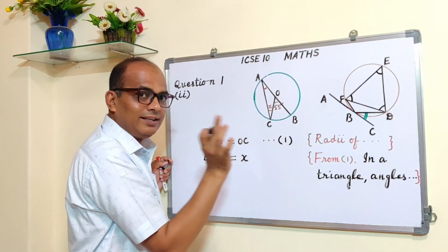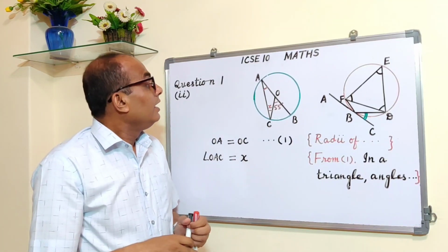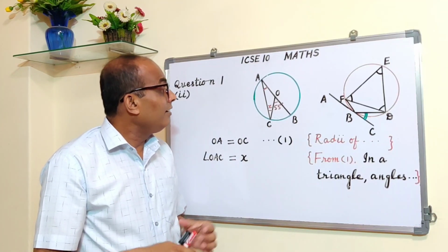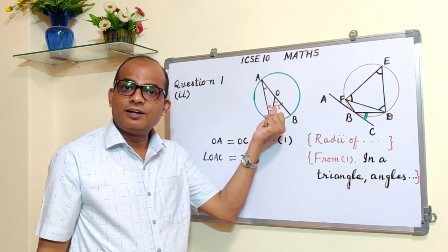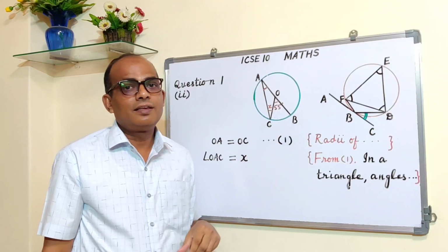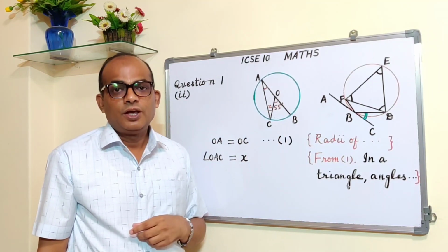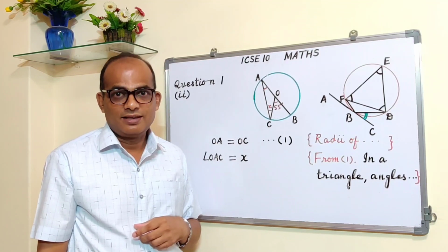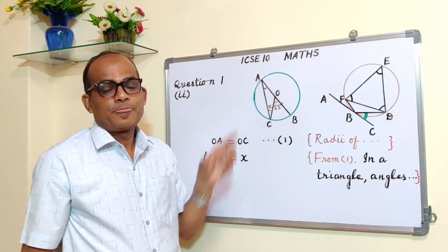And there is a theorem. The theorem says that the angle made by an arc at the center of the circle is twice the angle which it makes on the remaining part of the circle.